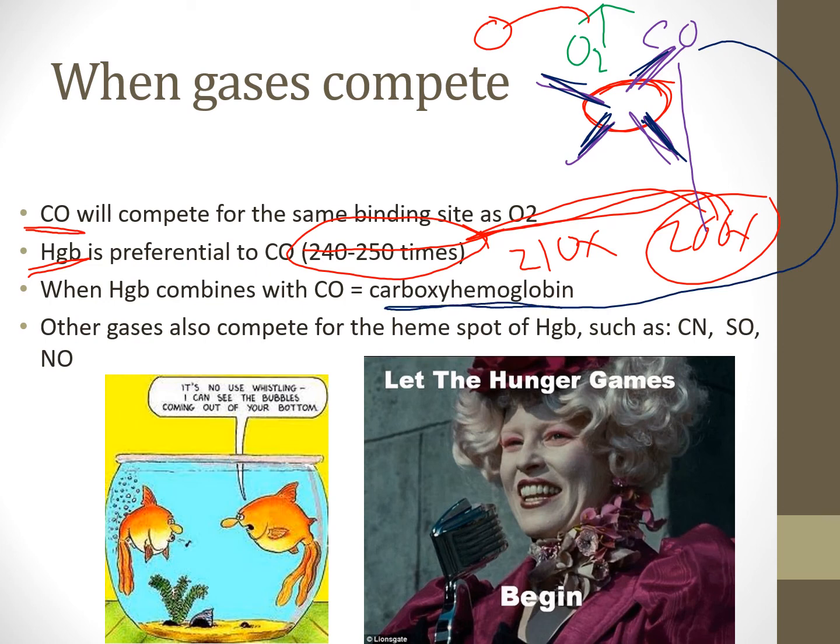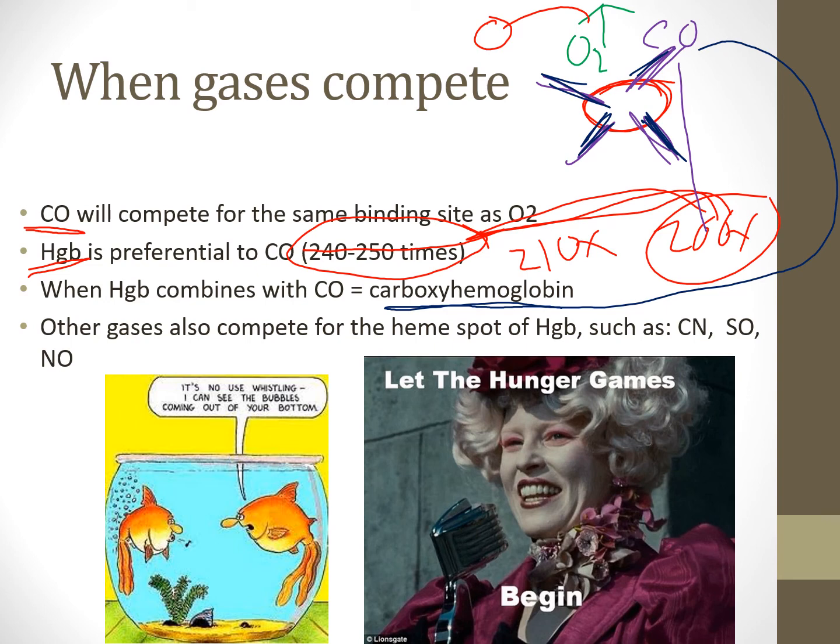Now remember, CO2 that's bound to hemoglobin is called carbamino hemoglobin. And this is where I see some students sort of get this a little sideways. Carboxy means it's fighting for that hemoglobin site. That's why I think of boxing, right? It's fighting for that site.